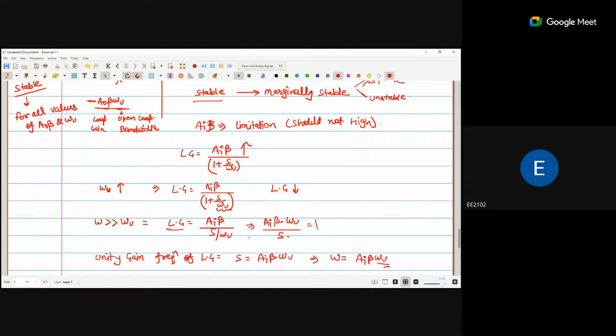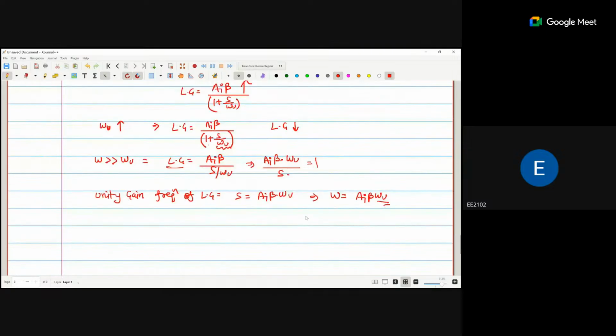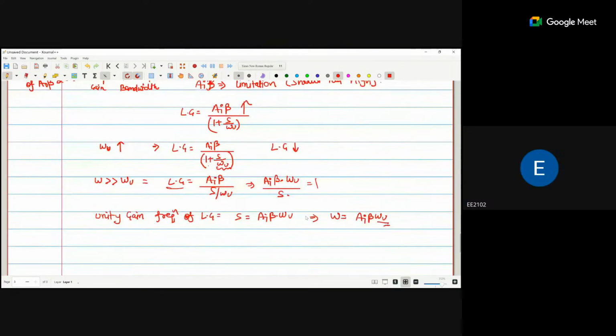That is also very high. So stability is simply dependent on your omega u. It is not dependent on A naught beta, only on omega u.